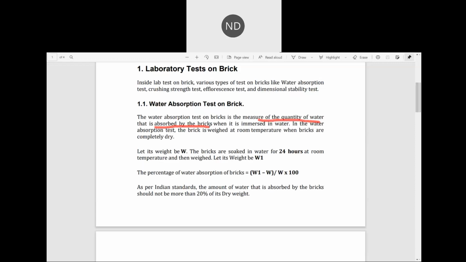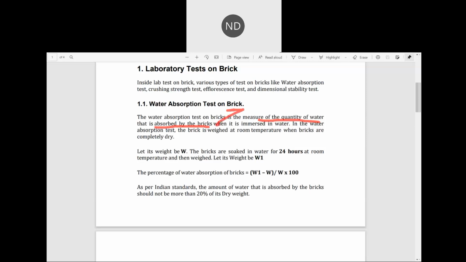In the water absorption test, the brick is weighed. This is the procedure to find out the amount of water your brick is absorbing. That is one property of your brick, how much it can absorb water. If it absorbs more water, it is not good.